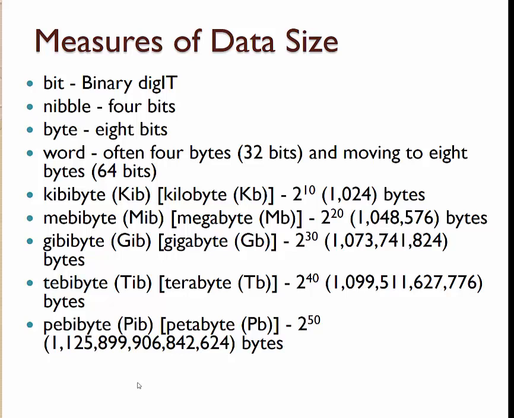I've looked this up, and kibibyte, mebibyte, gibibyte, tebibyte, and pebibyte all refer to the formal definition of 2 raised to a power. The kilobyte, kilo meaning 1,000, usually references 1,000 bytes, although some people actually do use 1,024 as kilobytes. Same with megabytes and gigabytes and terabytes.